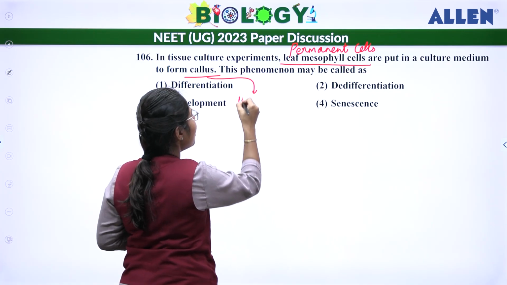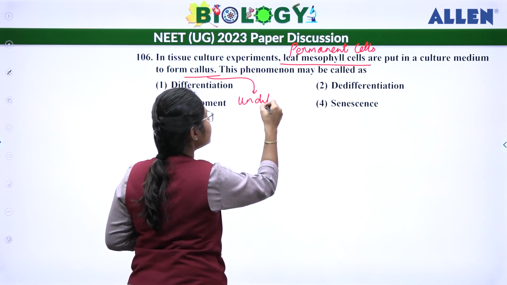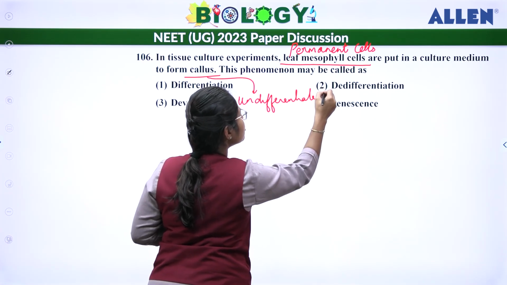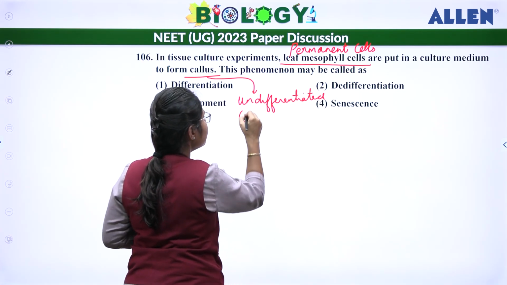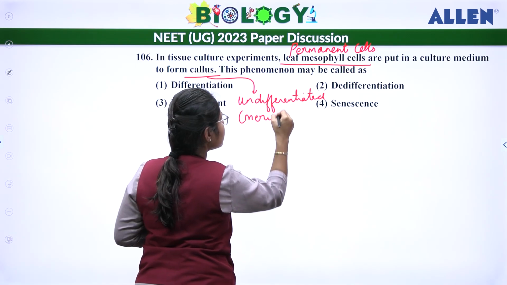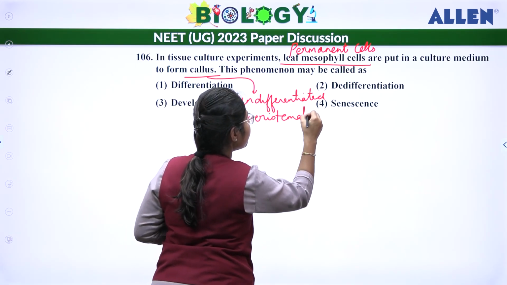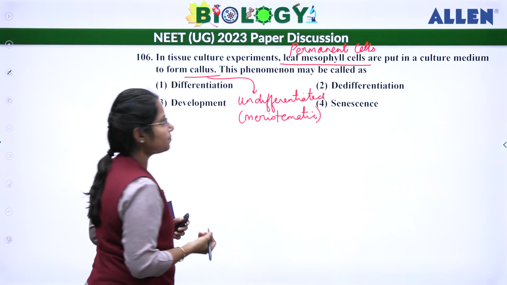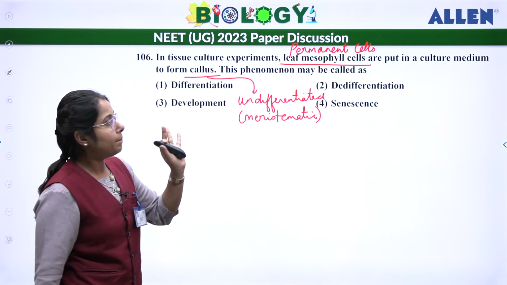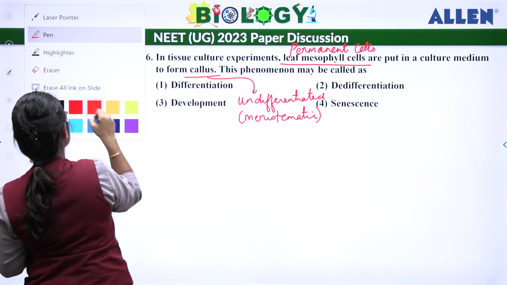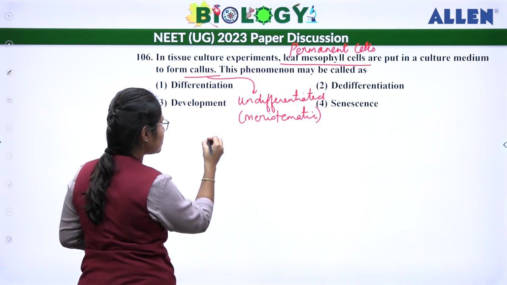Callus is undifferentiated, or we can say meristematic cells. Okay, so from a permanent cell, that is from the differentiated cells, undifferentiated cells are getting formed.